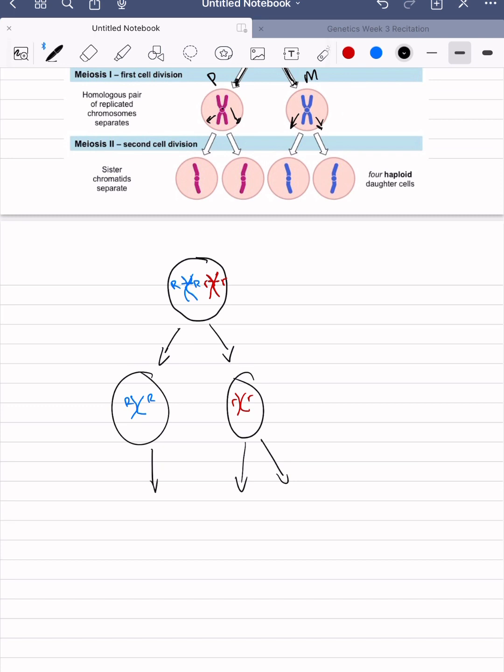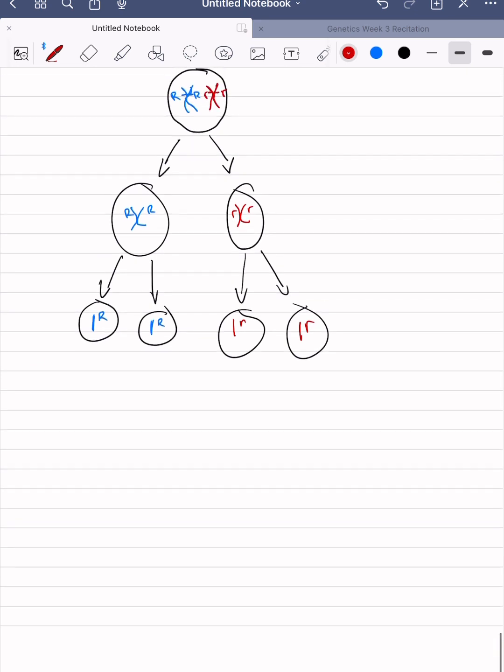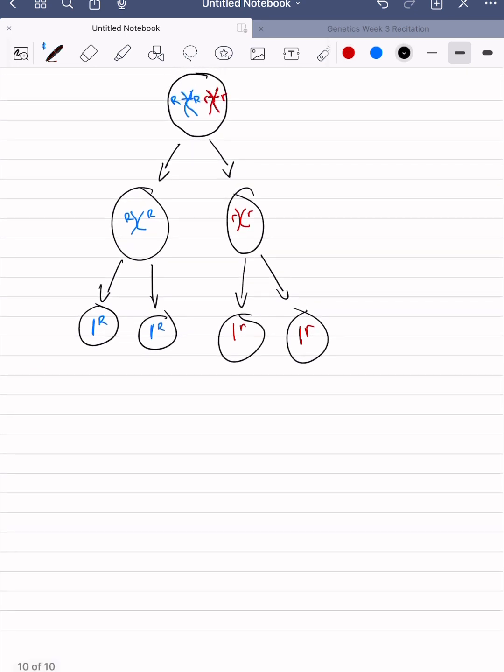During meiosis 2, the sister chromatids will split. It'll end up with chromosomes that have one of the alleles. Big R, big R, little r, little r.